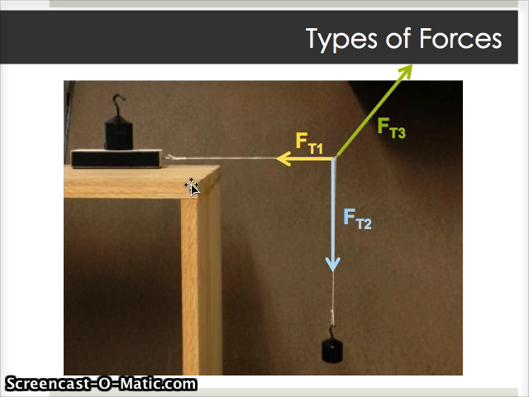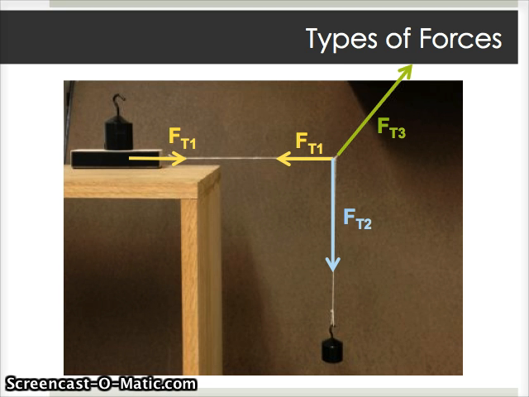If I'm interested in what happens to this block over here, then I would instead be thinking about the tension force pulling to the right instead of pulling to the left. But notice that these two forces marked yellow would have the same magnitude, they are just in opposite directions. And that's something useful to be aware of.